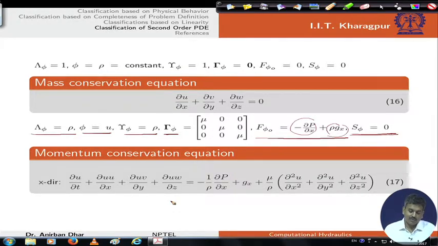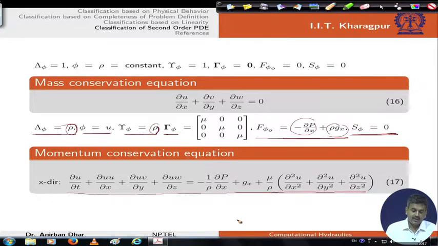So, for this momentum conservation equation we can get this form for incompressible fluid flow, because we have considered a constant value of rho epsilon.